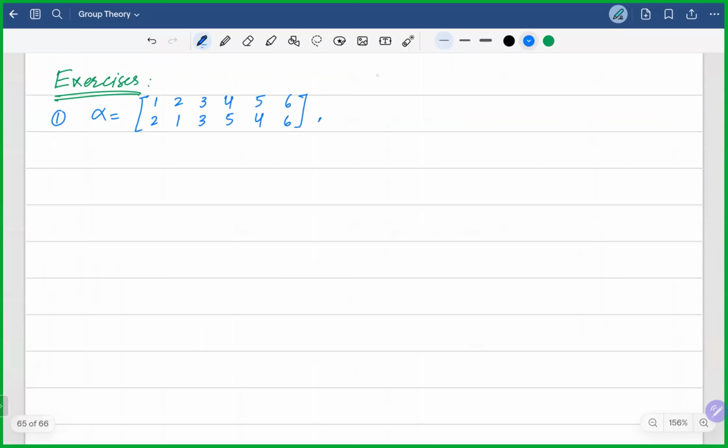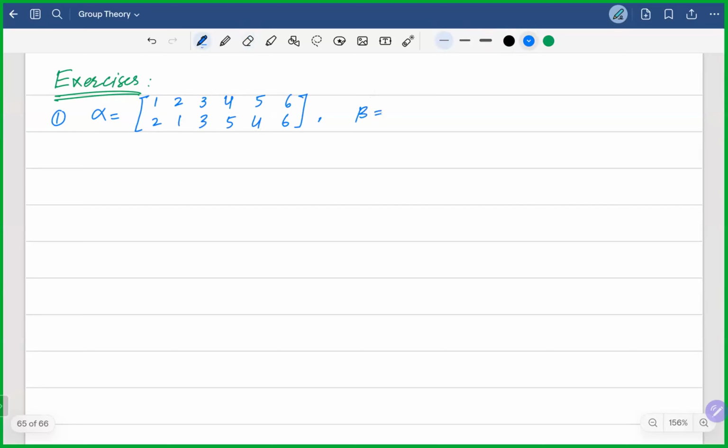So we have a permutation which goes 1 to 2, 2 to 1, 3 to 3, 4 to 5, 5 to 4, and 6 to 6.